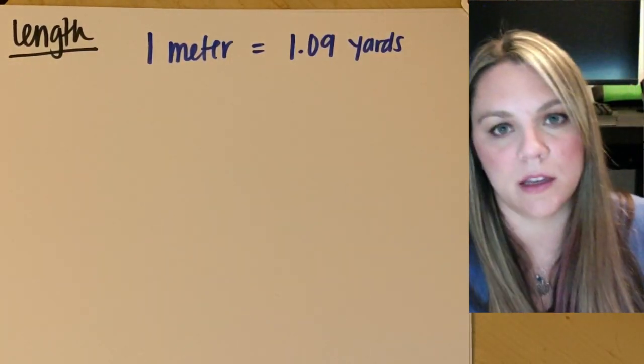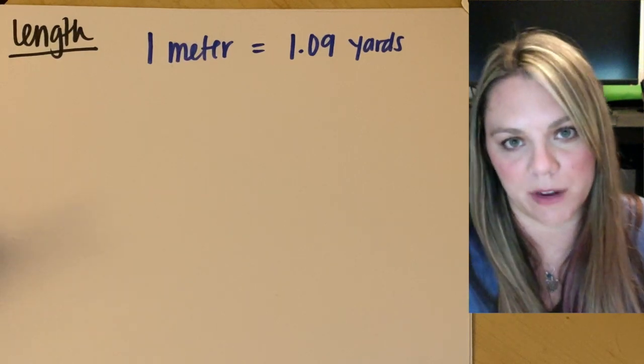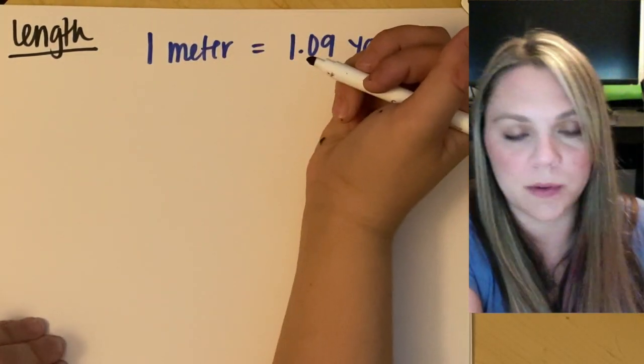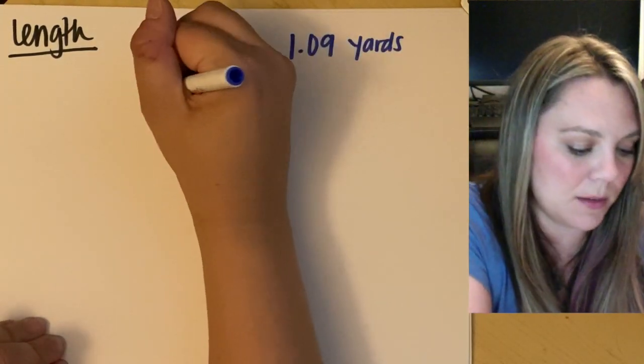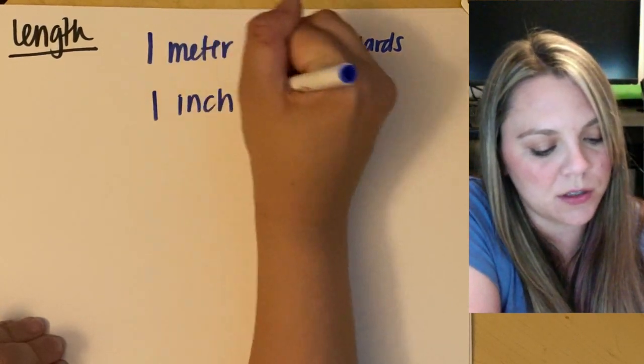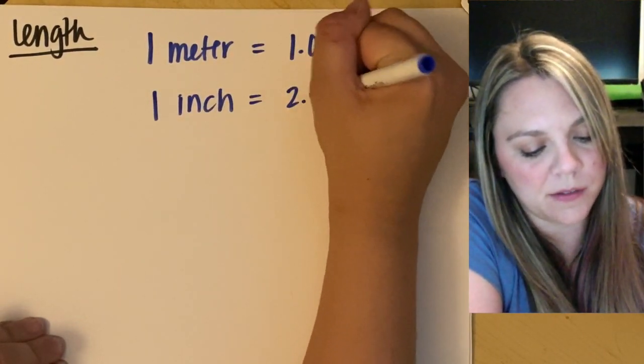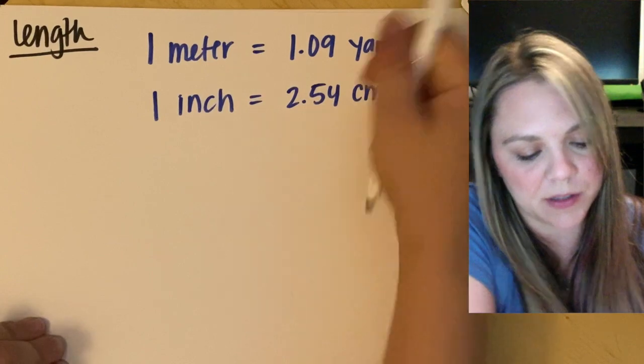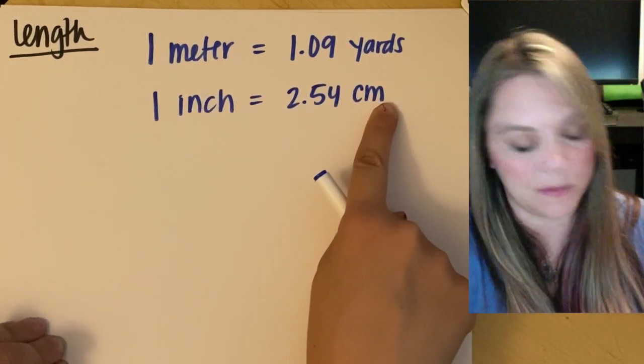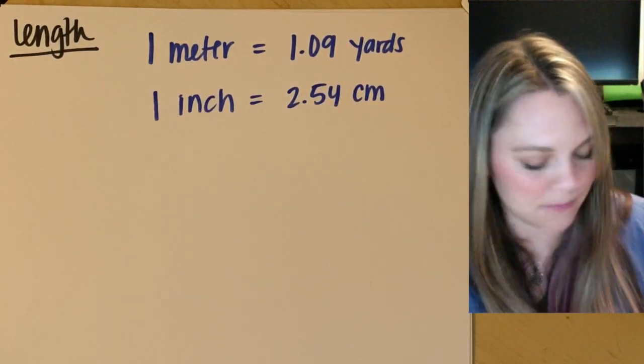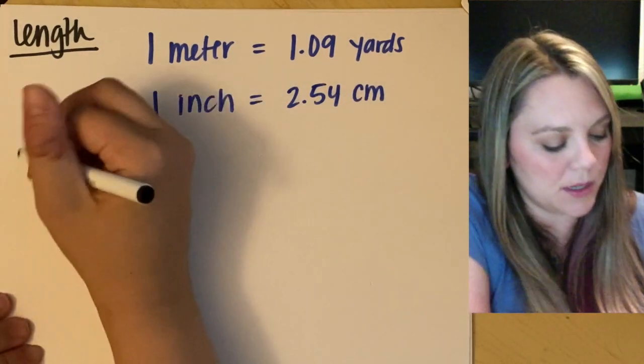That is a good conversion factor to remember. Another one that we're going to use all the time is 1 inch is 2.54 centimeters. We'll use that. So those are the length ones.